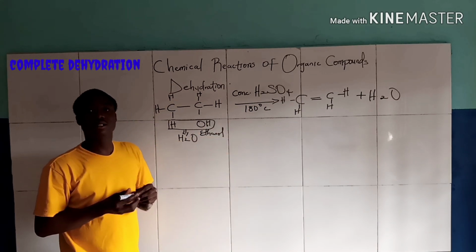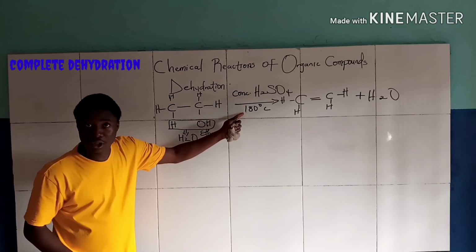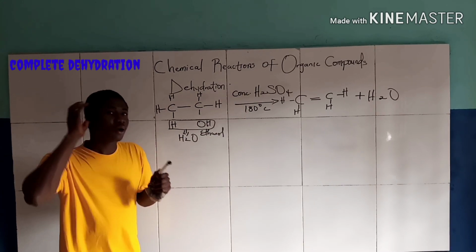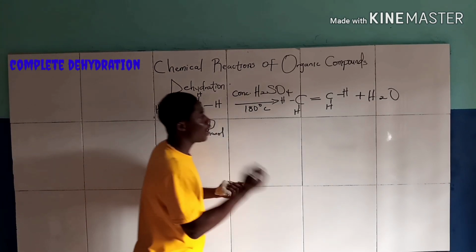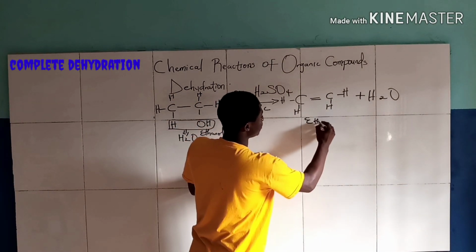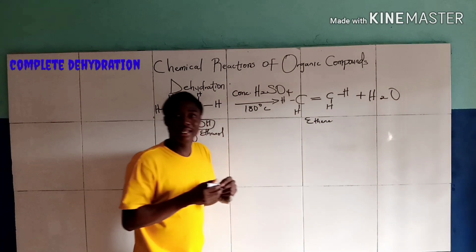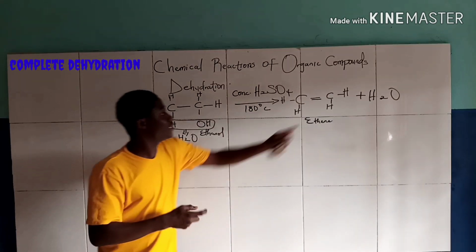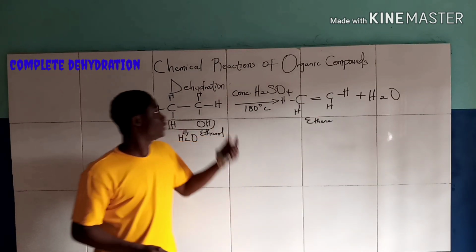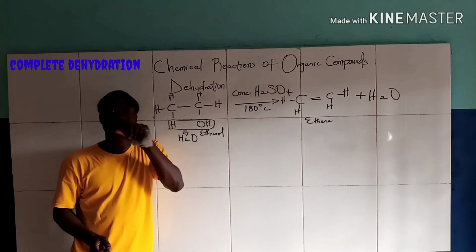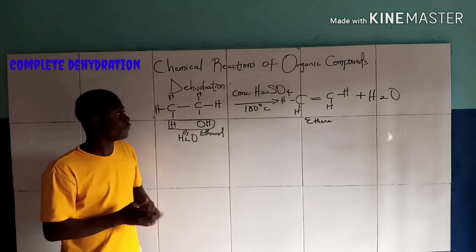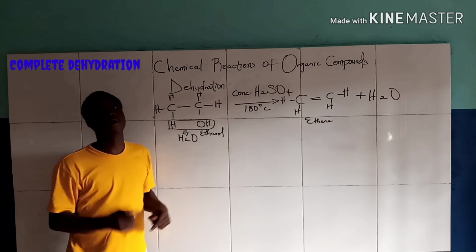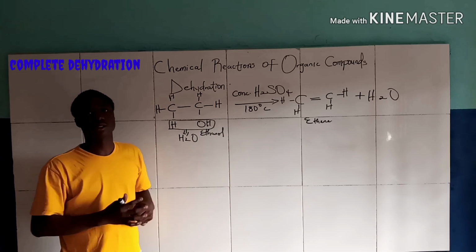When ethanol undergoes dehydration, precisely complete dehydration, we are going to get ethene, and ethene is an alkene with a double bond. So this is the complete dehydration of alkanols, also called alcohols.